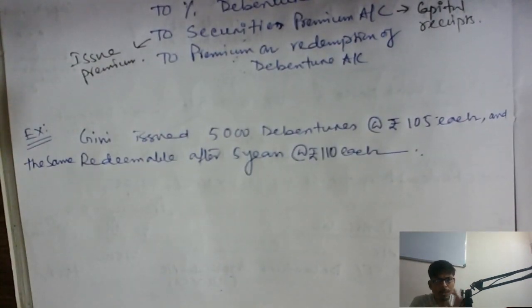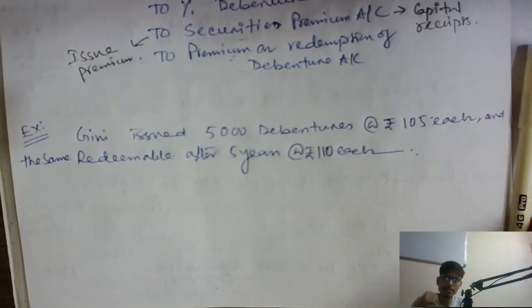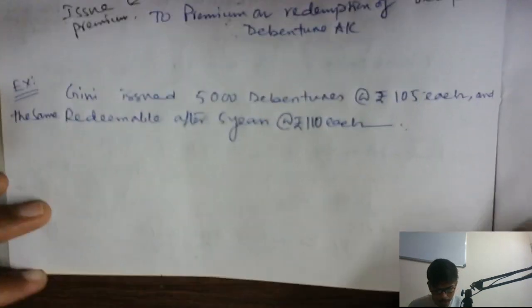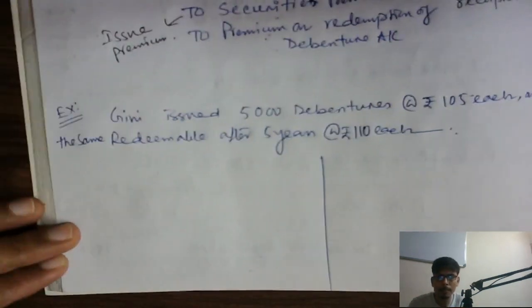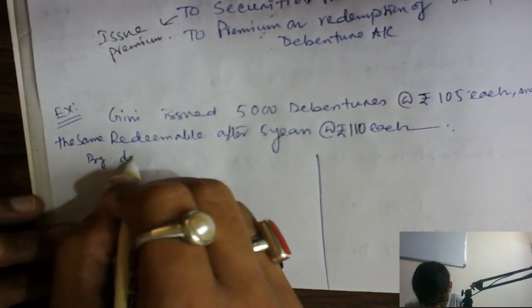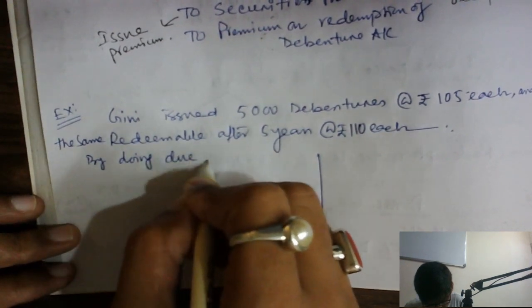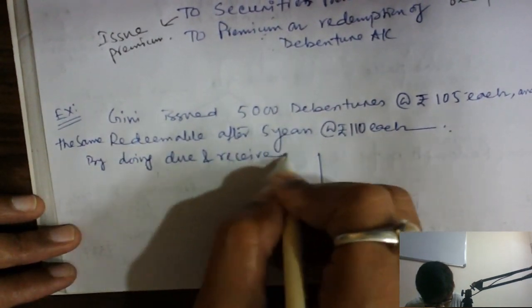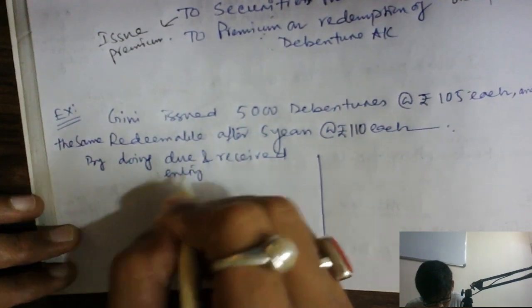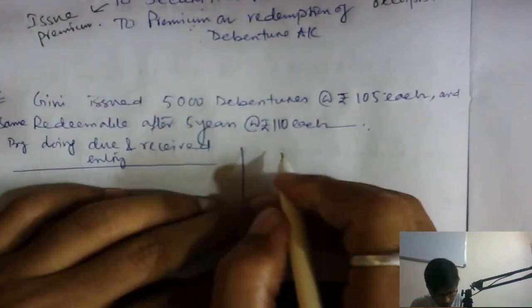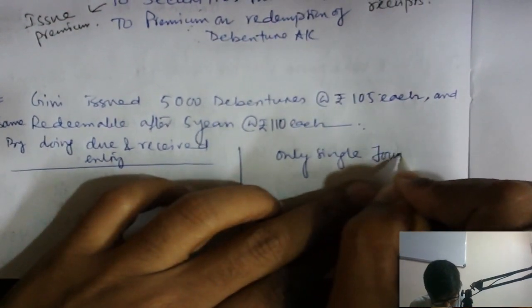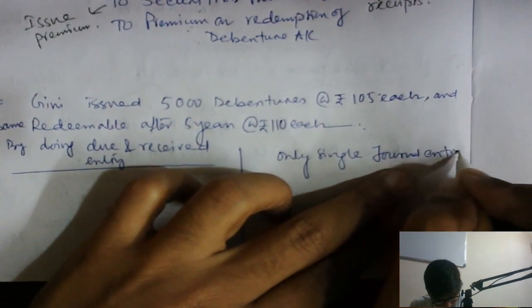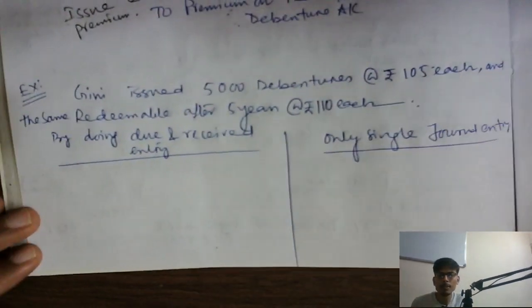There is no such debenture application, allotment, etc. So the single journal, we can do two ways. I will show you two ways. First, by doing a due and receipt entry, and then only a single journal.